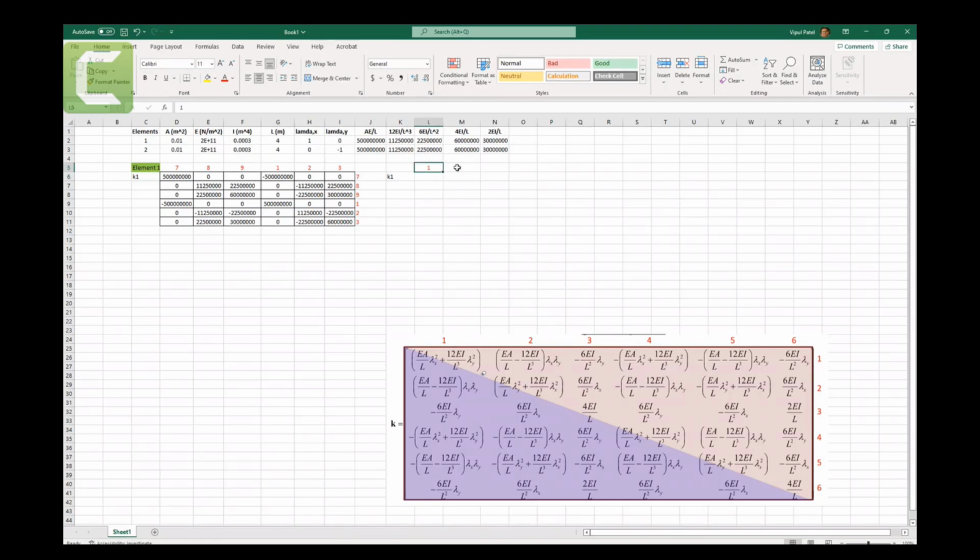And then you can put 2 here, and you can just scroll down 3, 4, 5, 6, 7, 8, and 9. So that's done, 1 and 2. This one's here, 3, 4, and 9.